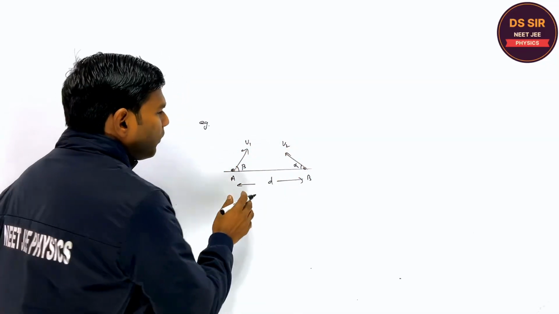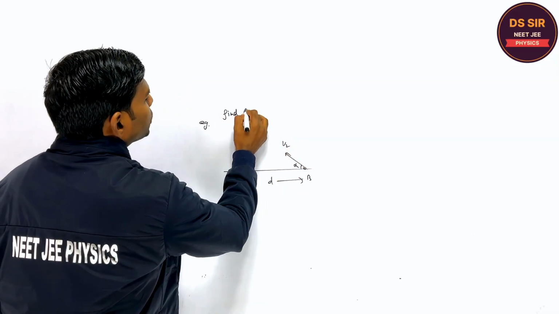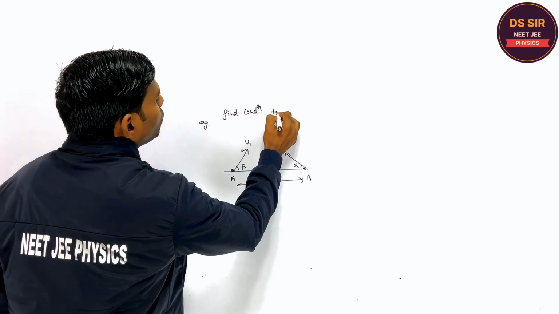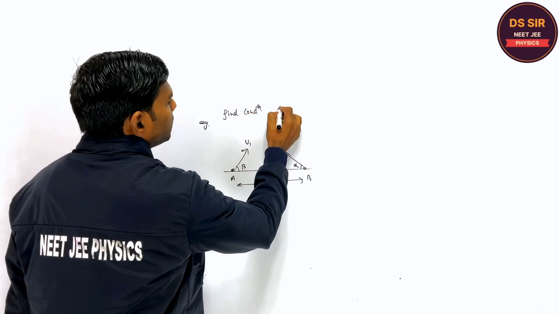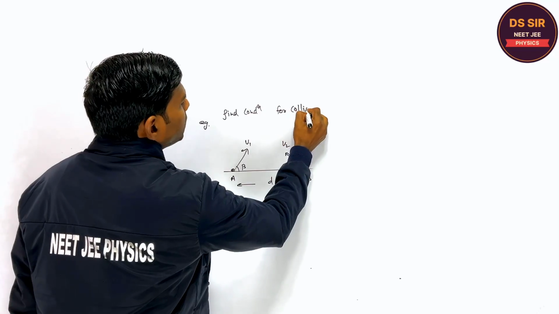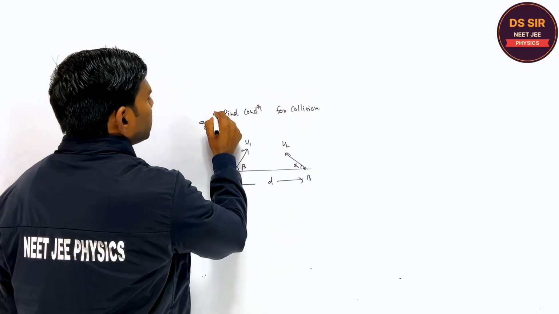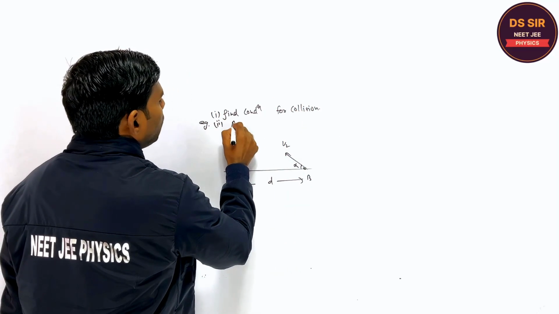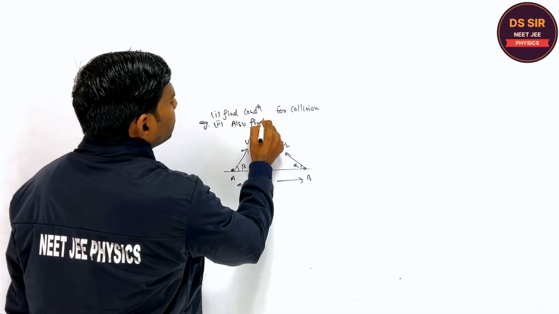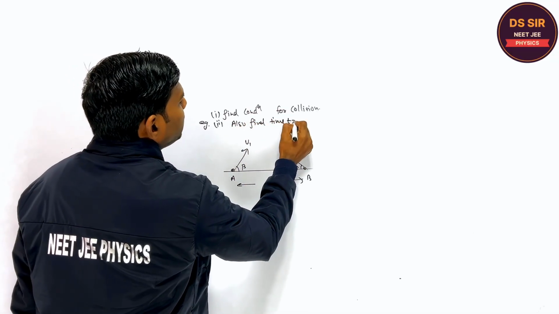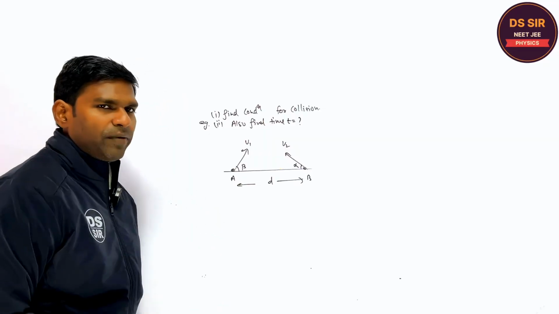So what you have to find is the condition for collision, so that both can collide. Also find the time when they hit each other.